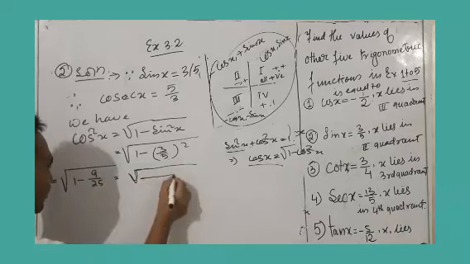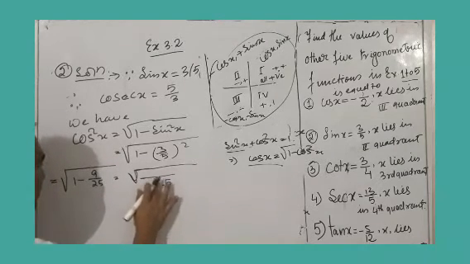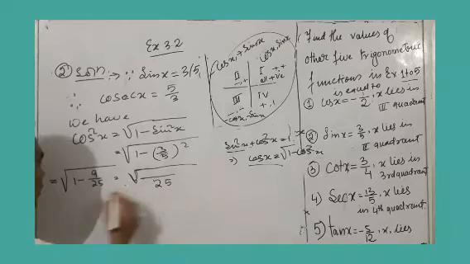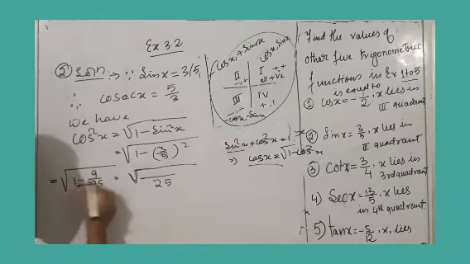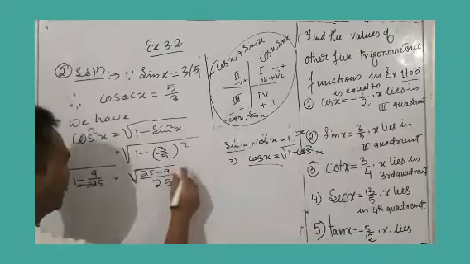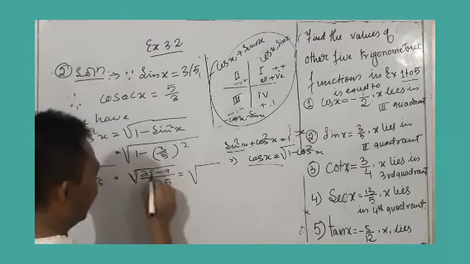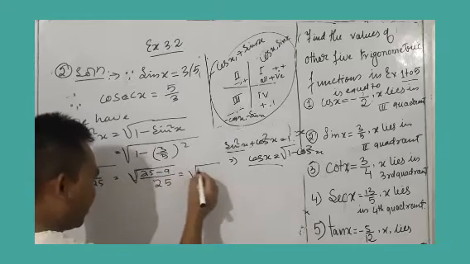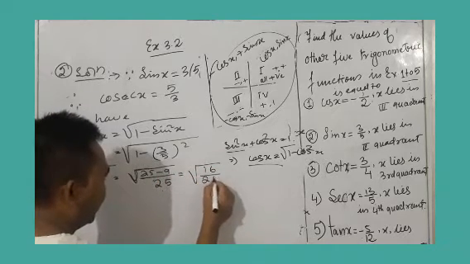Take the LCM, which is 25. Cross multiply: 25 into 1, so 25 minus 9. That means under root of 25 minus 9, equal to 16, over 25.